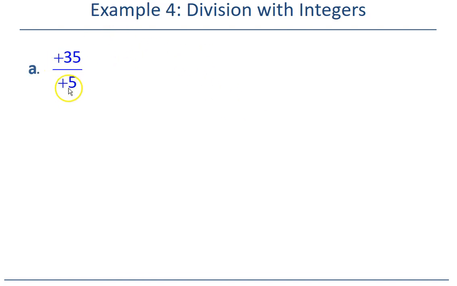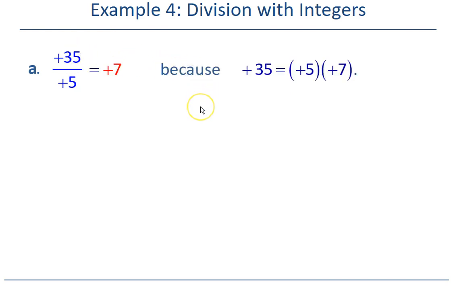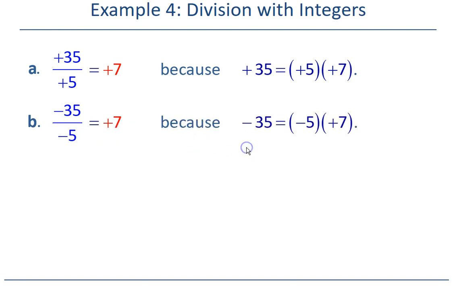So here they're both positive. 5 goes into 35 7 times. A negative divided by a negative, again the answer is going to be positive, positive 7. Now notice here we have one unlike sign and another unlike sign.